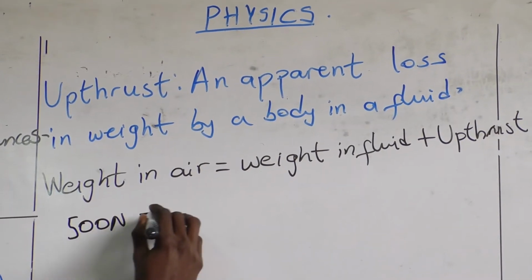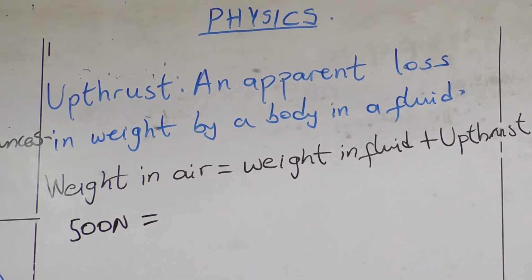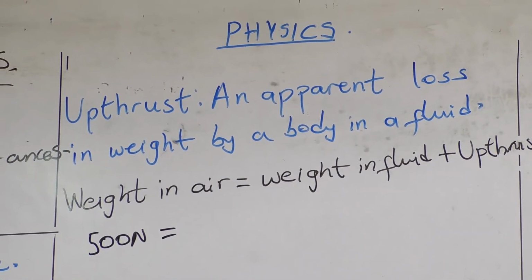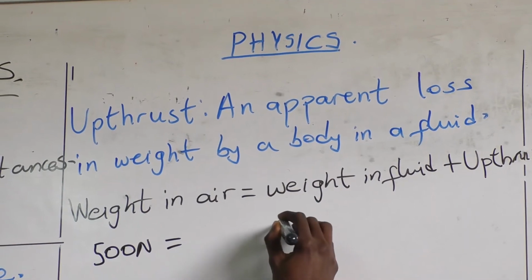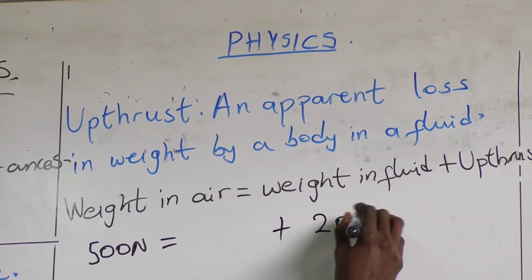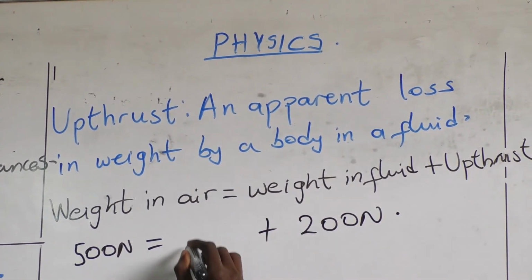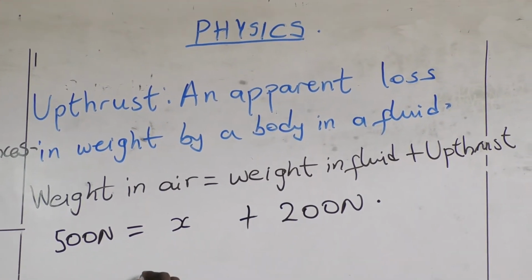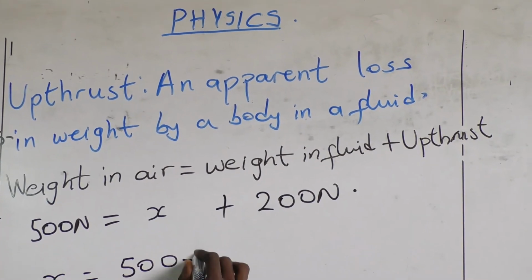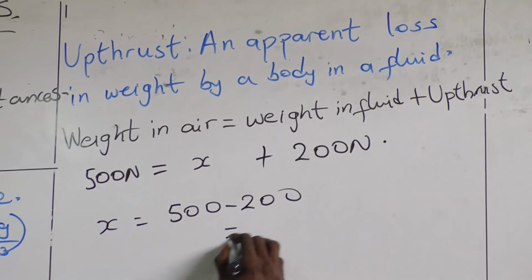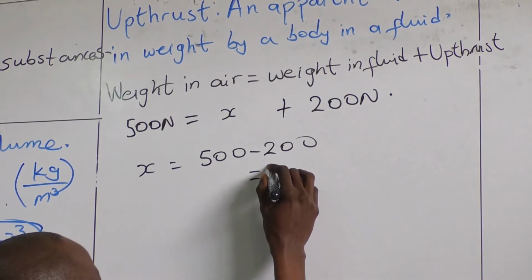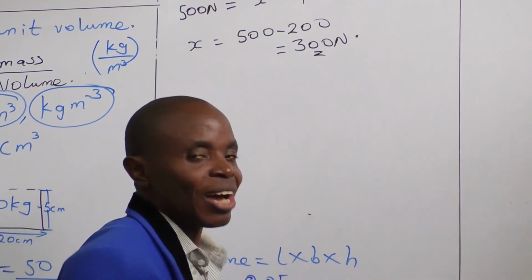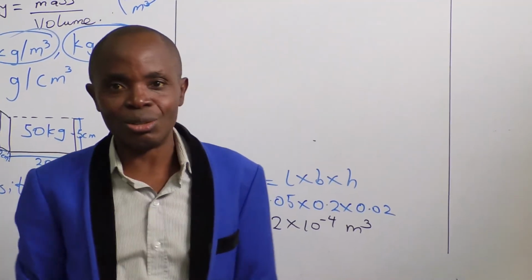And then I get into the pool, and the water exerts a force of 200 newtons on me, which is my upthrust. I am now looking for my weight in the fluid, x. I just subtract 200 from 500, and that way I have my weight in fluid. So in that fluid, I actually weigh 300 newtons.